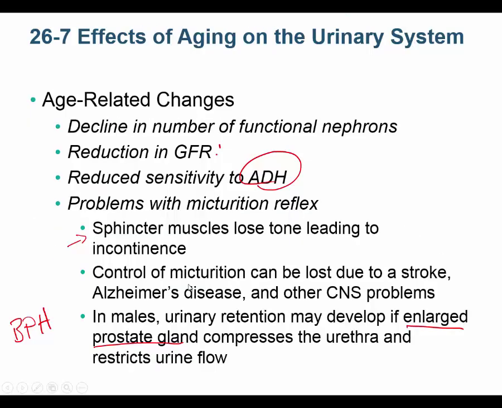Because you're retaining the urine, you have a buildup of pressure there. When you go to urinate, you might have difficulty voiding. And when you do finally void and get the urine to pass through the constricted prostatic urethra, it's almost like you never stop.